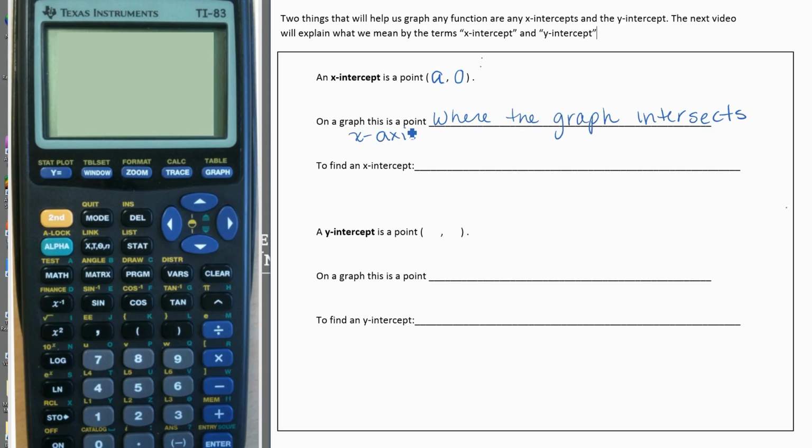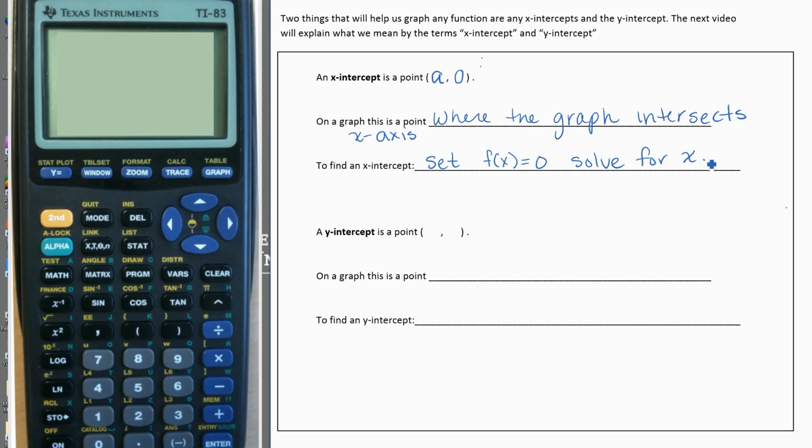Okay, to find an x-intercept, you're going to set the equation or the function equal to 0 and solve for x. And we'll do this with an example in just a minute.